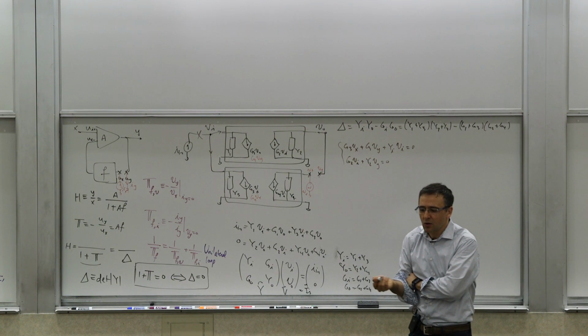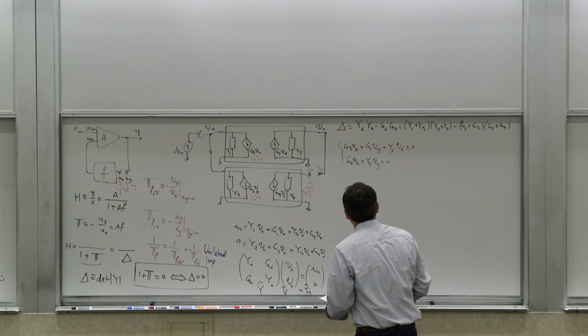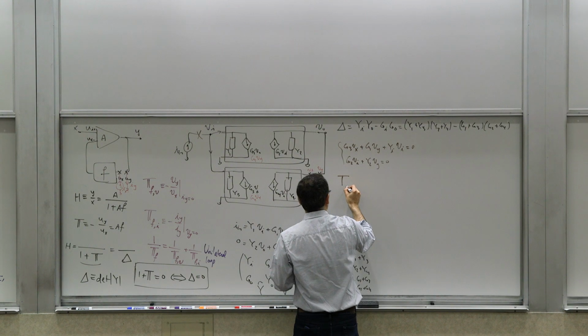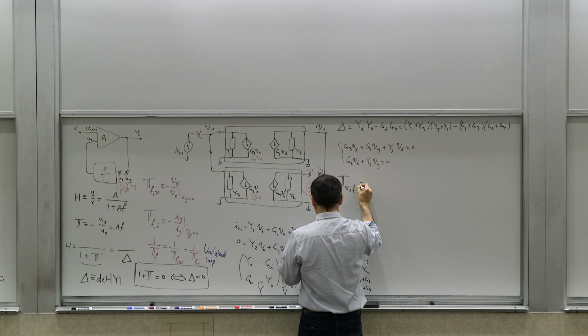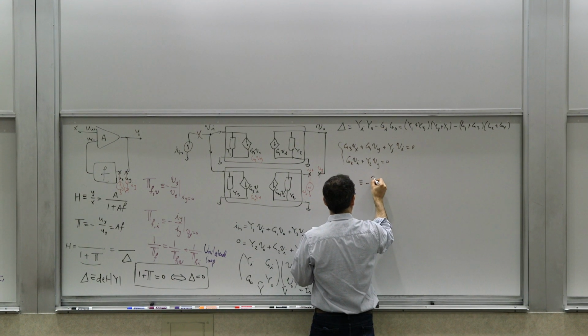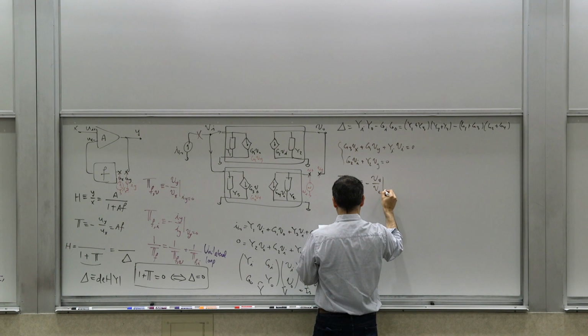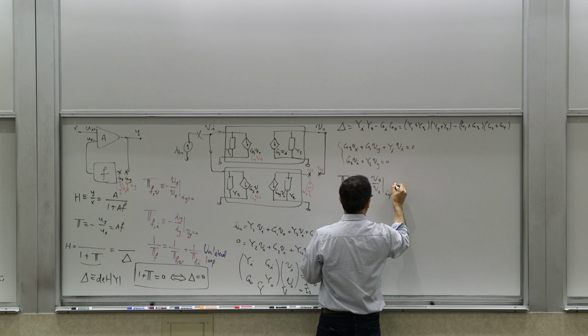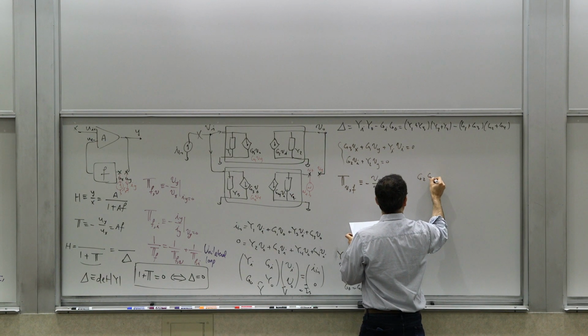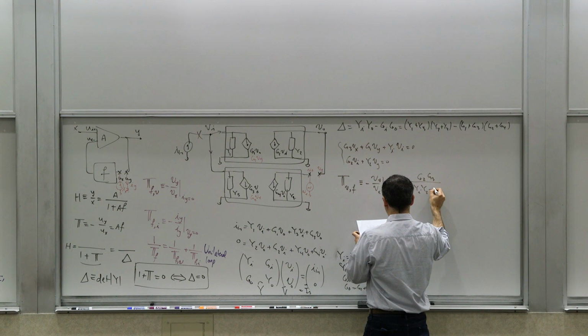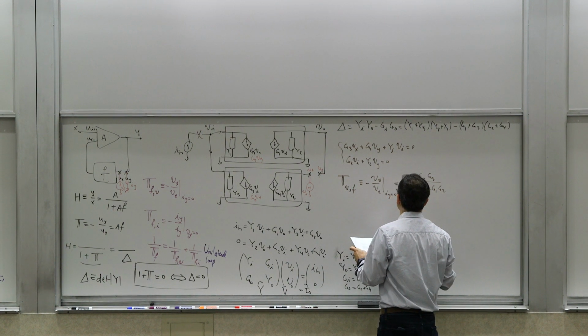And when you do that, you will get this. So you get, when you do that, you will get T, the forward voltage loop gain, defined as negative Vy over Vx when Iy is 0 equals negative G2 G3 over Yi Y2 minus G1 G2.